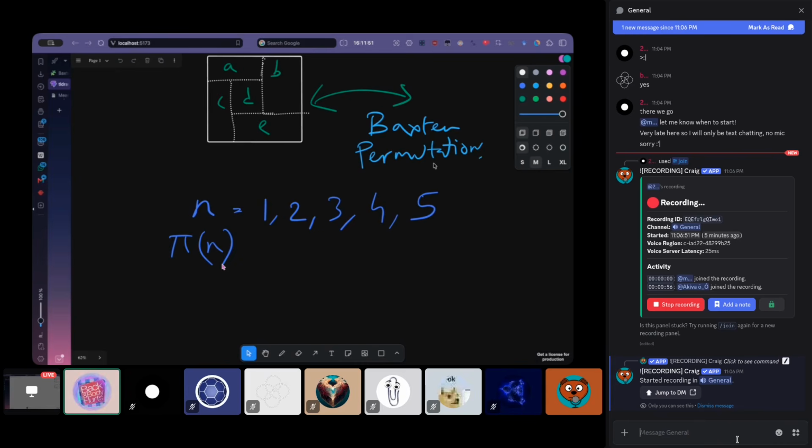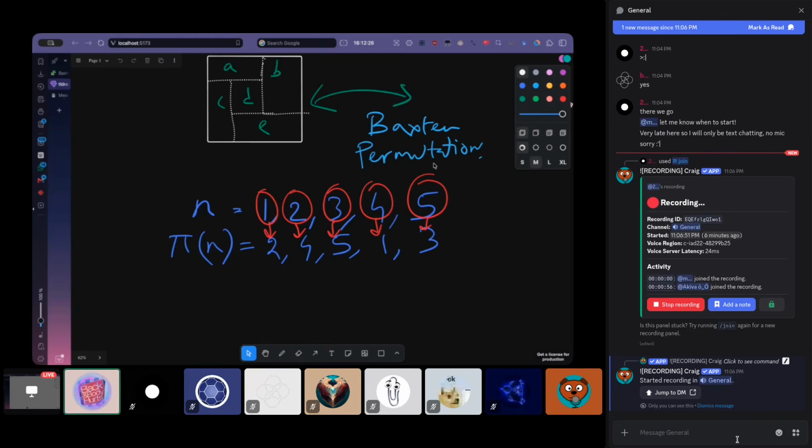Usually people write permutations with this pi symbol a lot. Say 2, 4, 5, 1, 3. Does that make sense? What I'm saying here is 1 goes to 2, 2 goes to 4, 3 goes to 5, 4 goes to 1, 5 goes to 3. And that's your cycle. And that's the permutation.